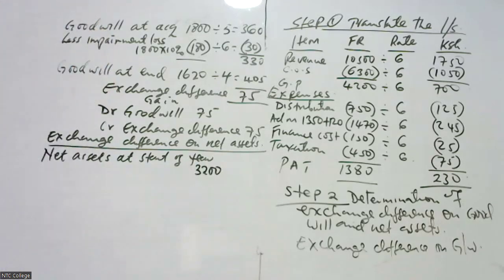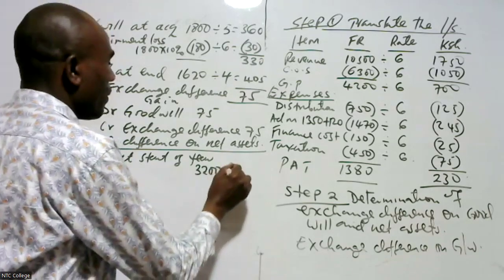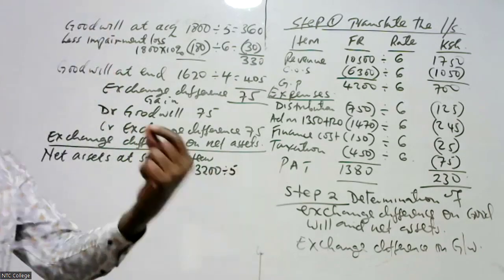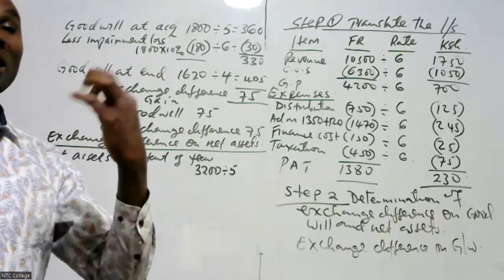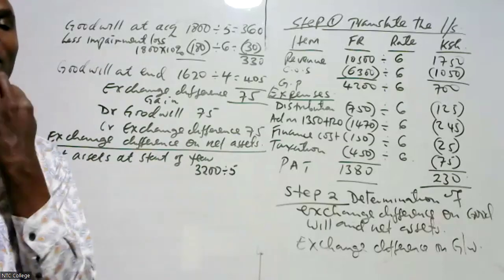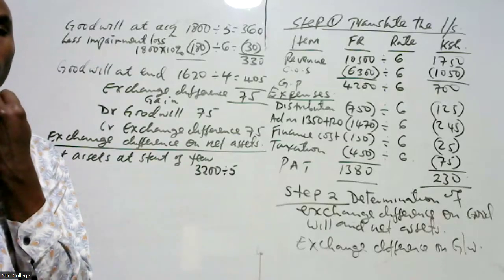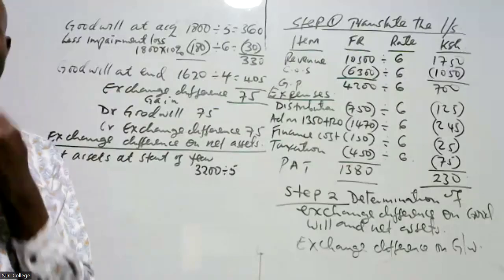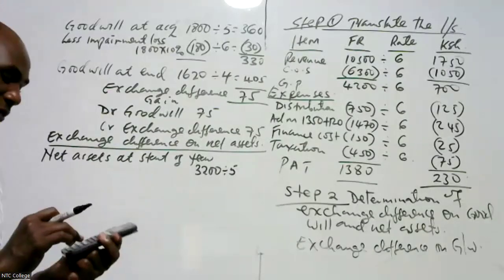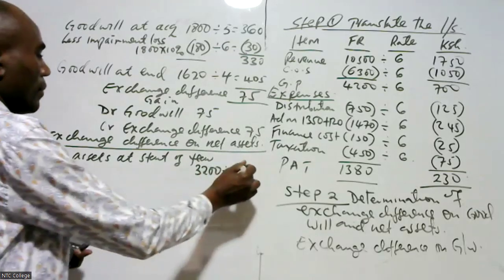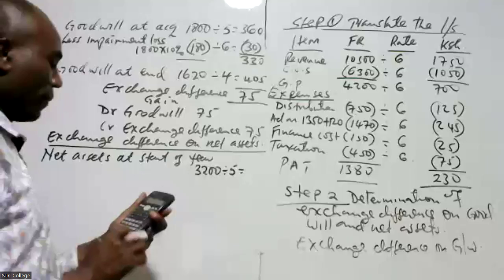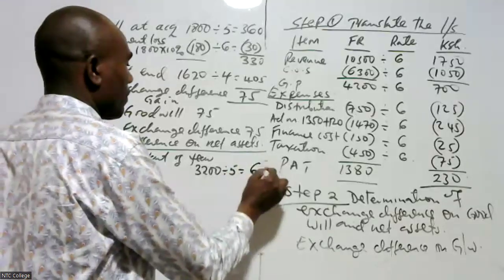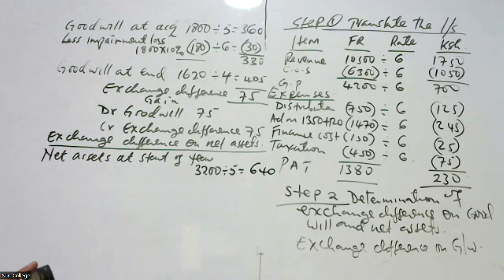You divide by 5, which is the rate when we acquired this subsidiary. That is 32 divided by 5, and I'm getting 640.